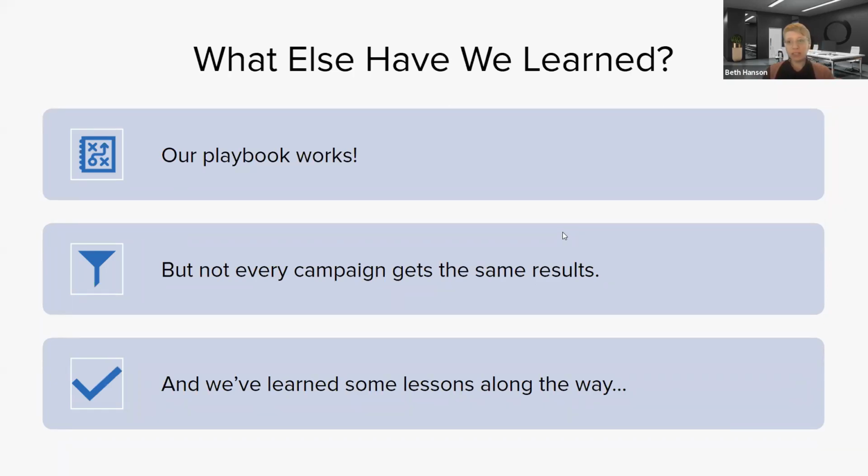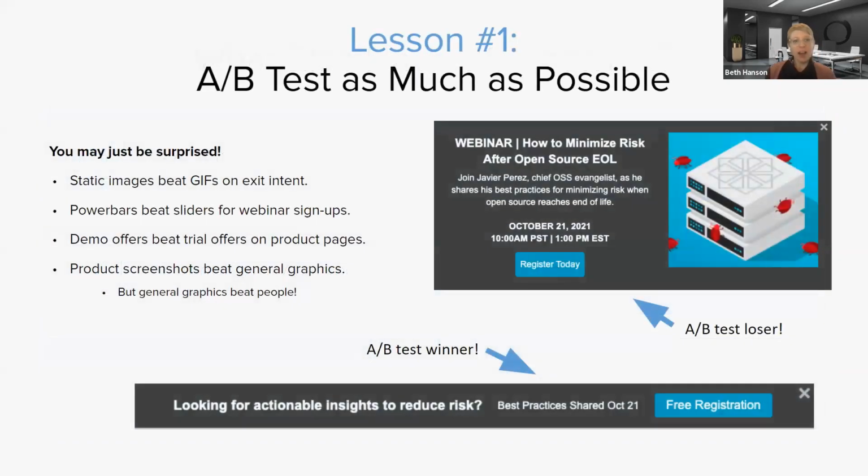So our first lesson, if you want to go to the next slide, is to A/B test as much as possible. We've been really surprised by the results of some of the tests we've run so far. The example we have on this slide is an A/B test we ran in Trendemon using a slider that comes in on the page with a little bit more text and information, which is the top one, versus a power bar, which is a slim bar that appears at the top of the screen pretty much instantly once you load the page, with much shorter copy.